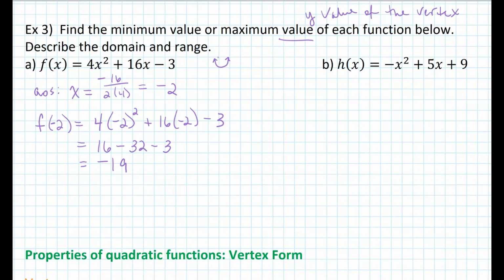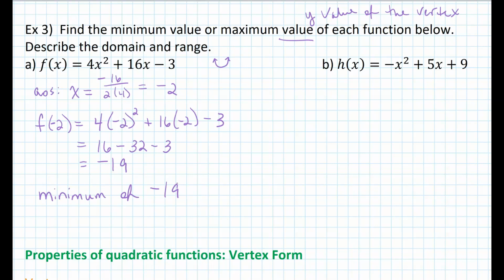It has to be a minimum. So minimum of negative 19. Would I want to list the vertex to answer this question? No, because we're only after the outcome, and the outcome is negative 19.